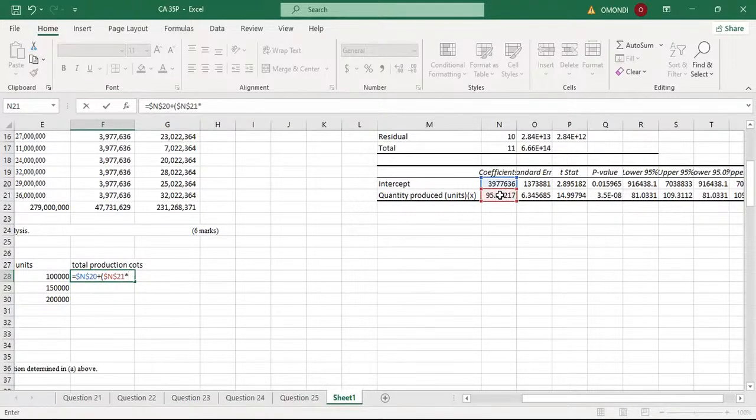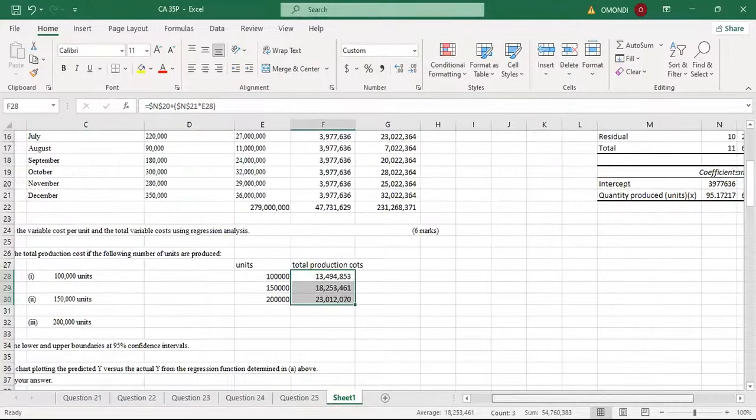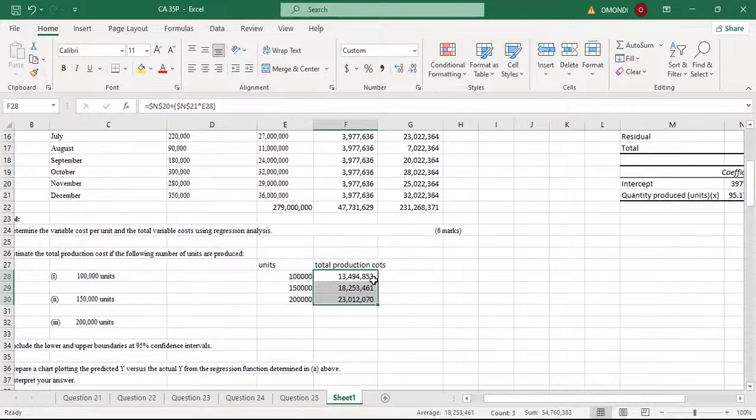Then I multiply by the units produced, which I will keep changing as I autofill my formula downwards. That is all we were expected to do. So I've estimated the total production cost based on the function which we generated.